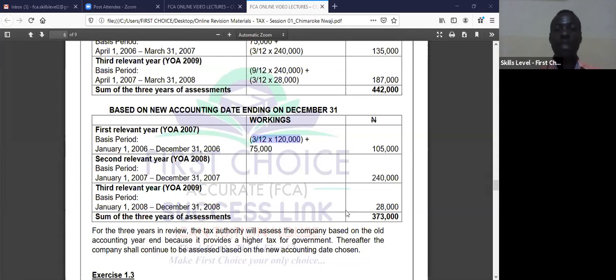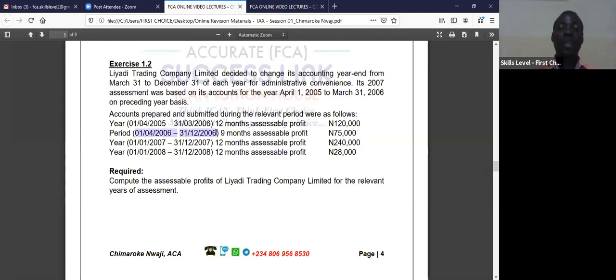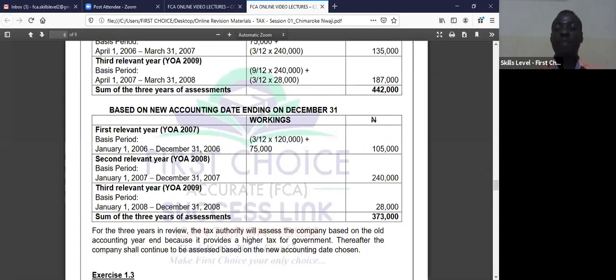That's good, 30,000. Now, we have taken 3 months. Where are we going to get the remaining 9 months? It's going to be from April 1 to December 31st, 2006. So they gave us our 9 months figure, 75,000. So when you add 75,000 to 30,000, you are having 105,000.